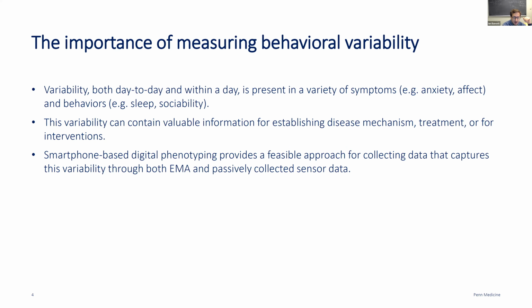So variability, not just day to day, but even within a day, as we'll see, in behaviors and in symptoms can be quite important and can vary pretty drastically. And so if you go and measure someone just at a single time point, there's a lot of noise associated with that single measurement. And there's really no solution except measure more frequently, which is perhaps easier said than done, but certainly easier when it comes to smartphone data, which is what I'm motivating here.